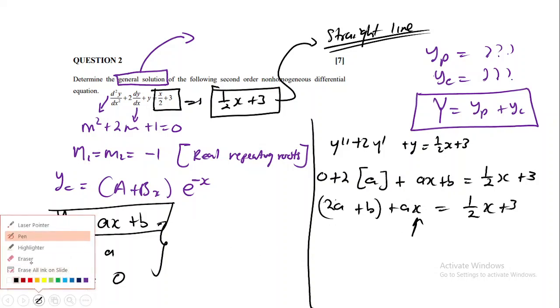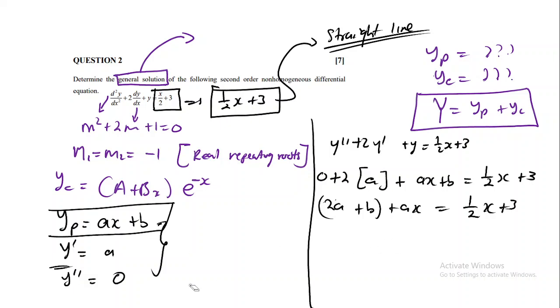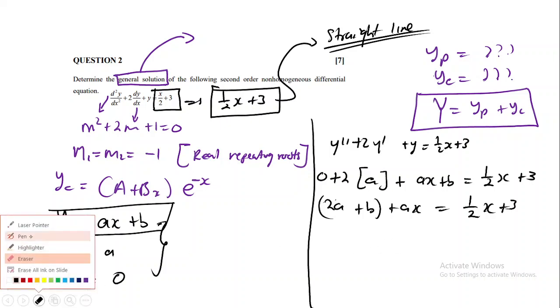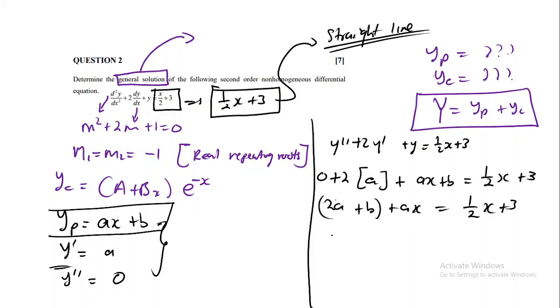At this point, this is very simple. On your left hand side, you have a straight line which is ax plus 2a plus b, right? Even on your right hand side, you have a straight line which is 1 over 2 x plus 3.